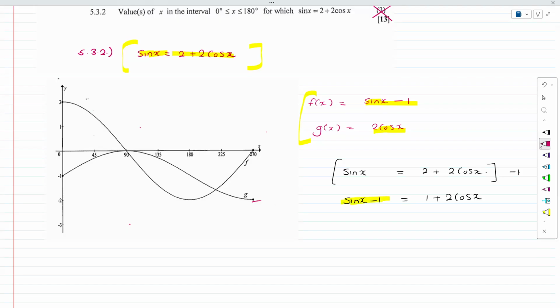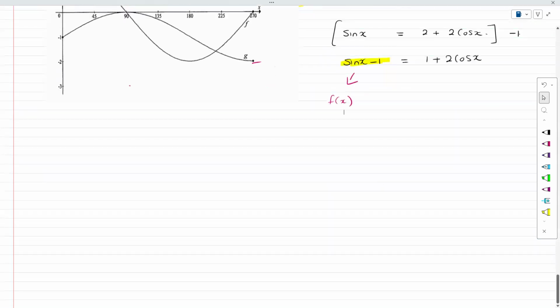Because I just minused 1, it looks like f of x. Okay, cool. Now let's try and solve it. Sine x minus 1 minus 2 cos x equals to 1. Why am I happy now? I'm happy because 2 cos x looks like it's g of x.